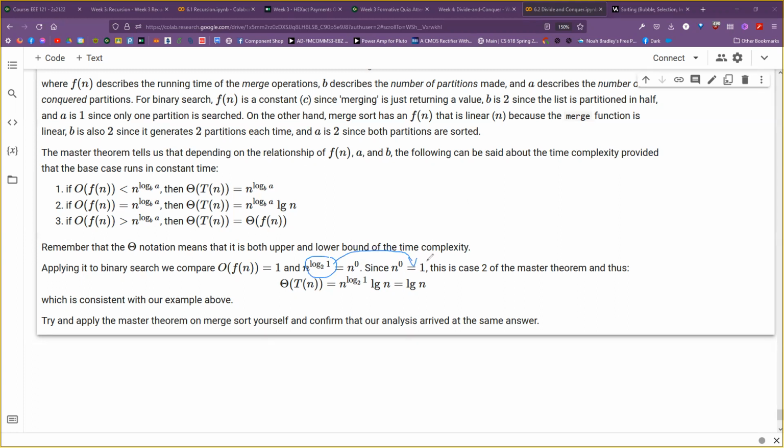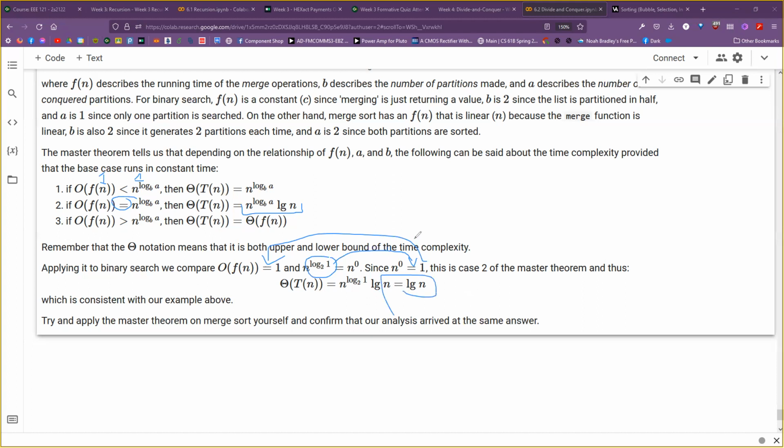So, comparing 1 to f of n. So, si f of n ay 1. Si n to the log b of a is also 1. So, we have yung ating second case over here, wherein ang ating time complexity is yung n to the log b of a term times log of n. So, log of n eventually.